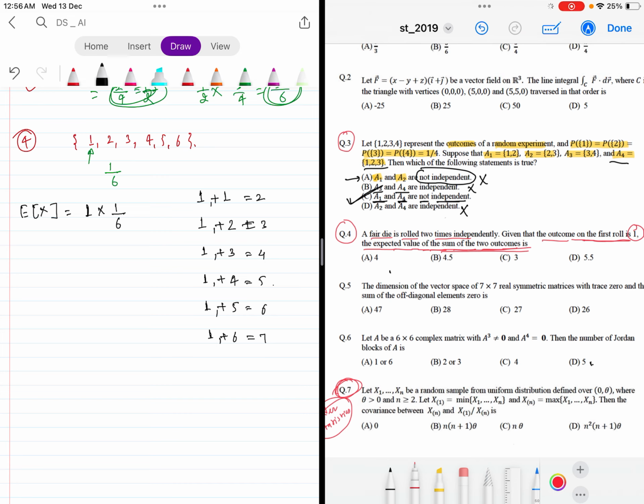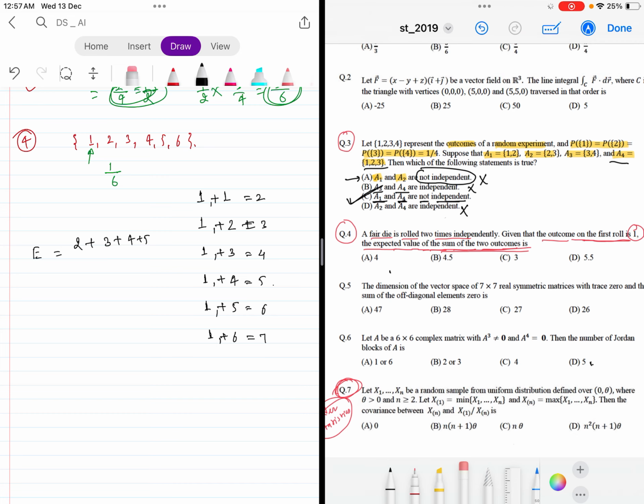So we have to find the expected value, right? Of the sum: 2 plus 3 plus 4 plus 5 plus 6 plus 7 divided by 6. So 2 plus 3 is 5, plus 4 is 9, plus 5 is 14, plus 6 is 20, plus 7 is 27, divided by 6.